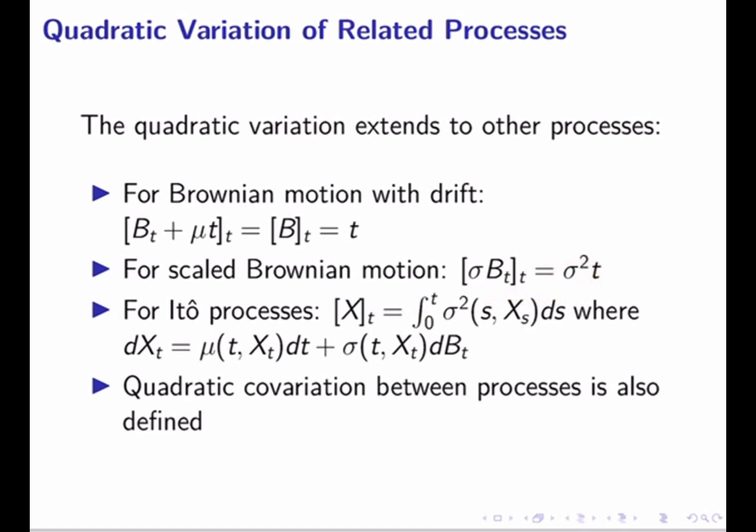For general Ito processes, the quadratic variation involves integrating the squared diffusion coefficients. We can also define quadratic covariation between different processes, which is crucial for multivariate stochastic calculus.